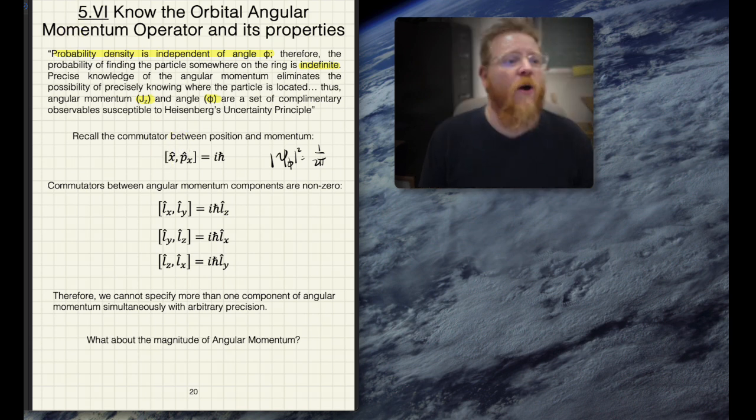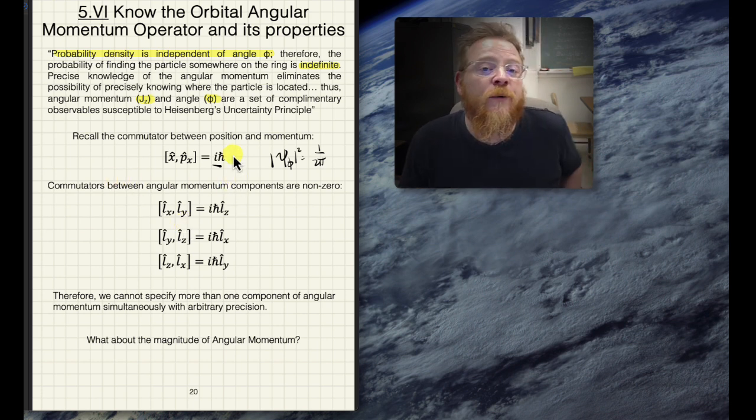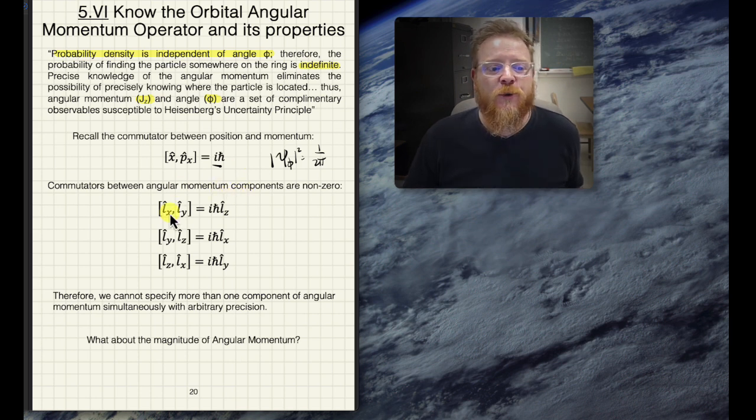So let's recall now the commutator between position and momentum. This was the linear momentum, which was given by i h bar. Now something kind of cool happens if we look at the commutators between any of our respective dimensions. What's the commutator between the angular momentum in the x and y dimension?